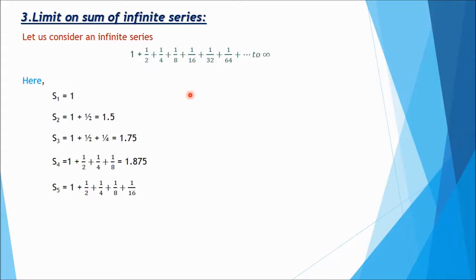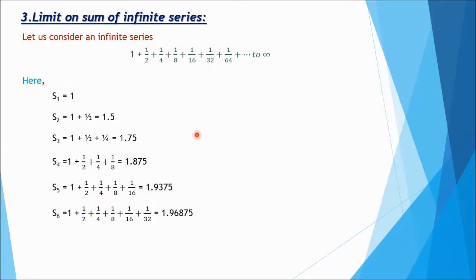The sum of all terms will be 1.937, and again S6, including 1/32, will be 1.96875.